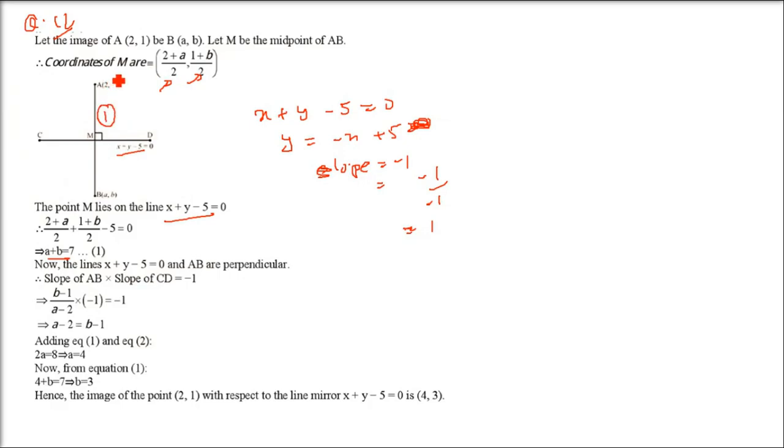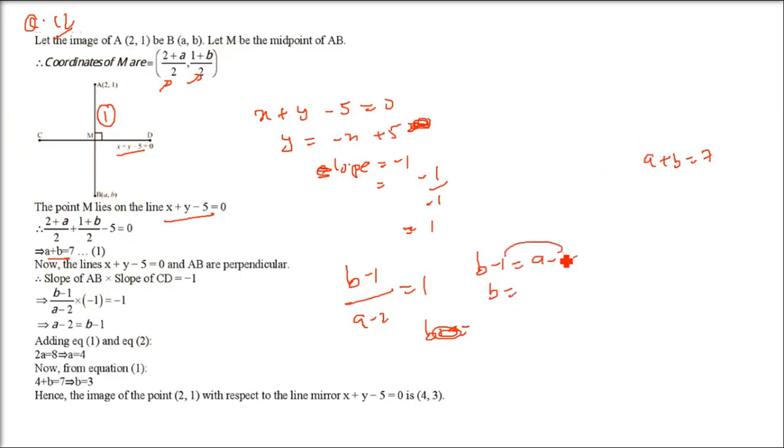And the slope of AB is (b minus 1) by (a minus 2), using y2 minus y1 by x2 minus x1. So (b minus 1) by (a minus 2) is going to be 1. So you get b equals a minus 1. Again, we have one more relationship between a and b. A plus b equals 7 was already there when we put the point M in the equation of CD.